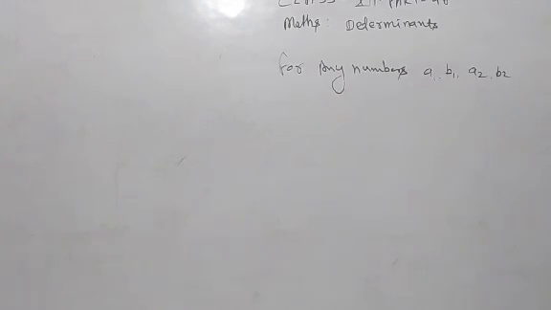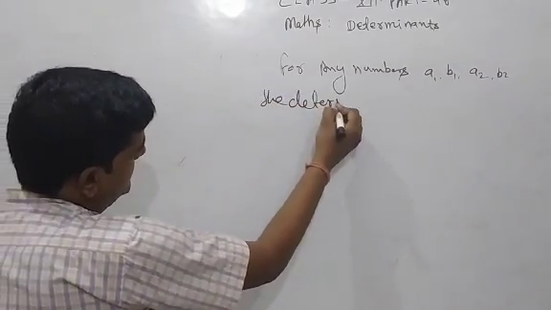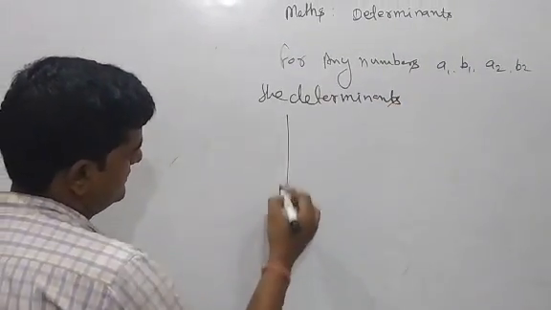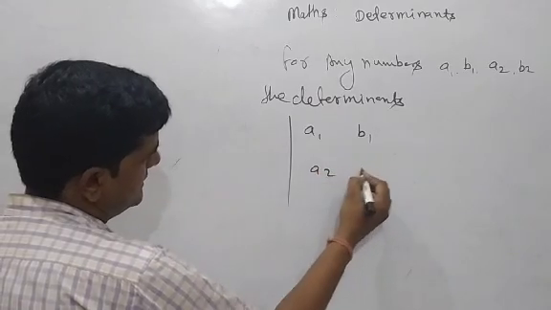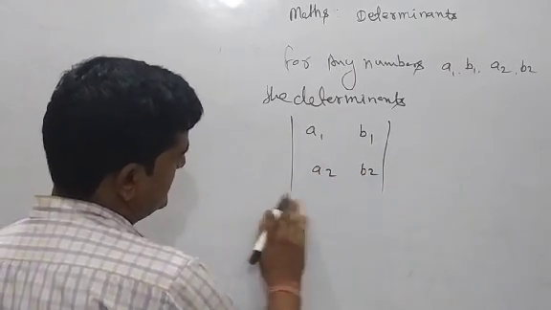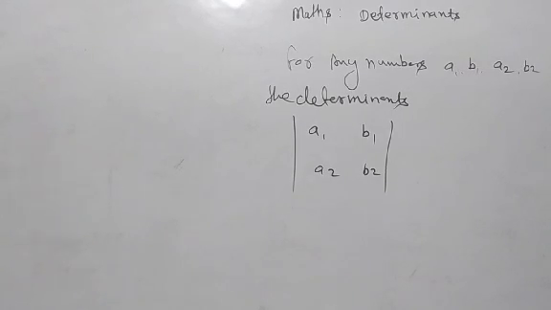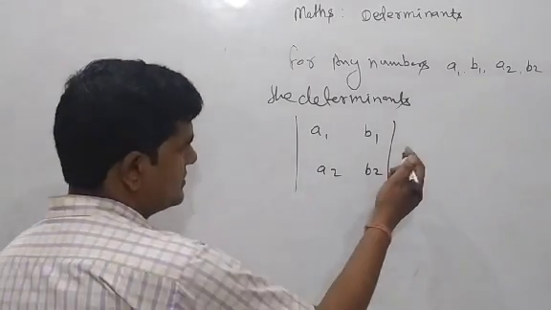For any numbers A1, B1, A2, B2, the determinant, we have to arrange in two rows, two columns: A1, B1, A2, B2 is equal to what?